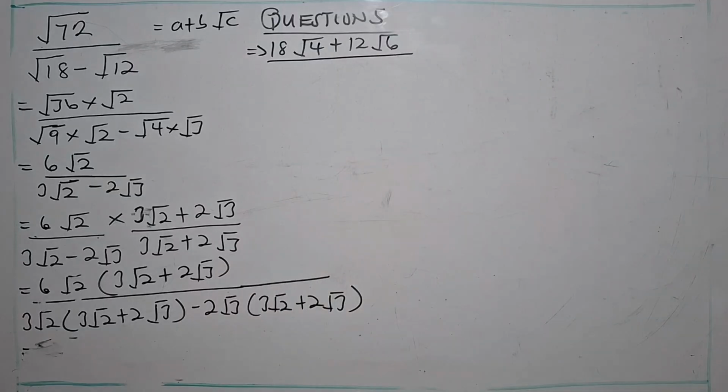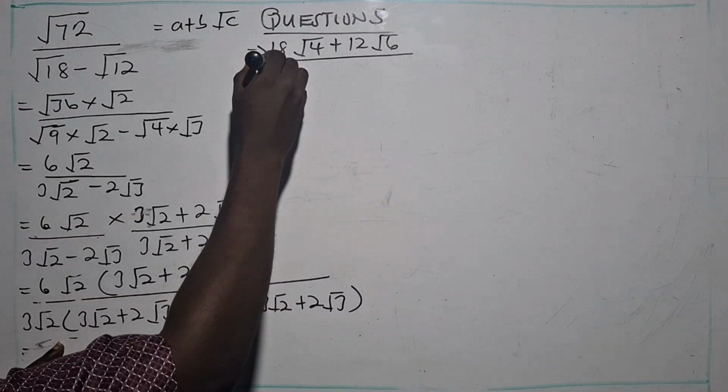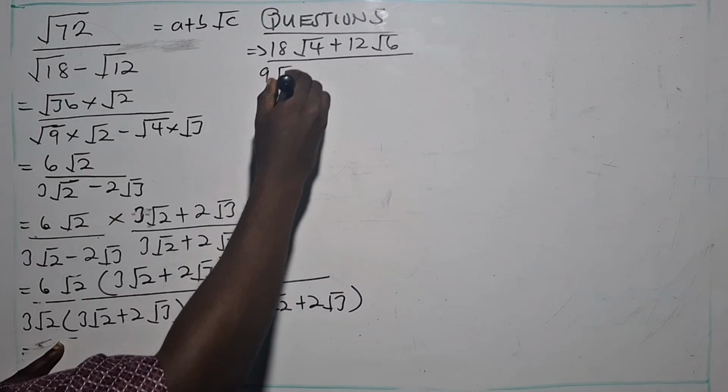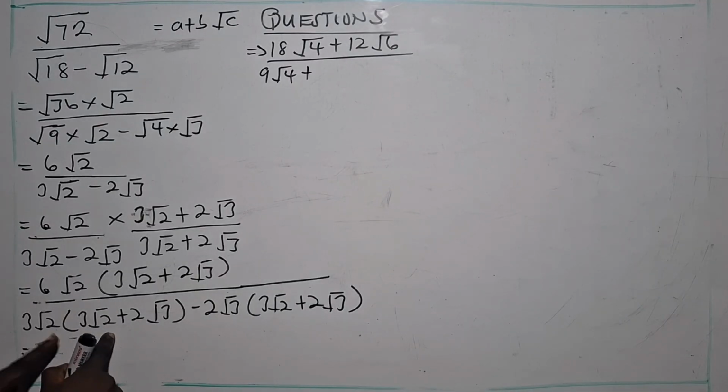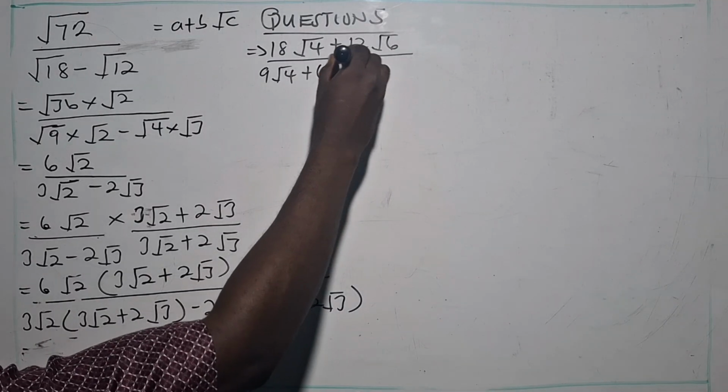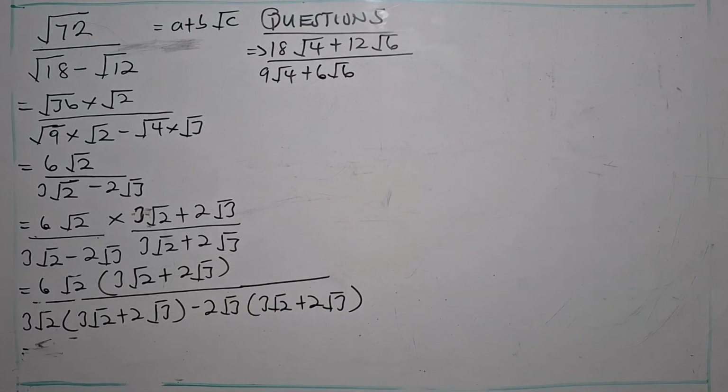Yes, this is how we multiply. So 12 root 6. Now when it comes to that one, I'm going to get 9 root 4, plus 6 root 6.